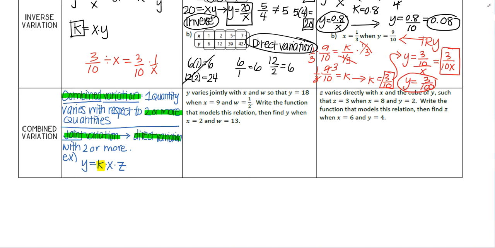The way that I would read this would be: y varies jointly with x and z. So jointly is direct variation with more variables, essentially.